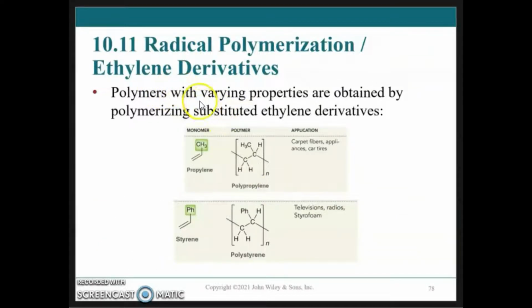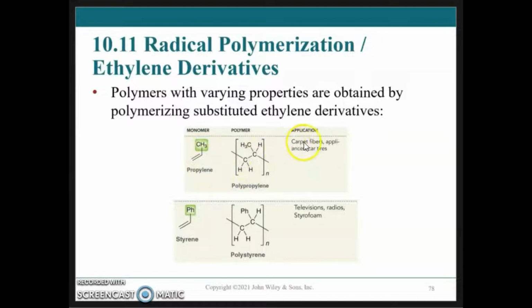There are derivatives of that ethylene monomer that also can form different polymers. So if we have propylene rather than ethylene, so we have a methyl substituted ethylene monomer, then we can form polypropylene.